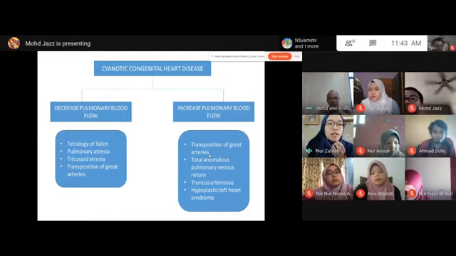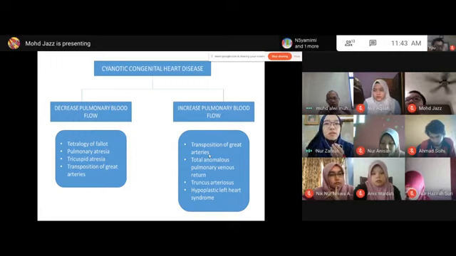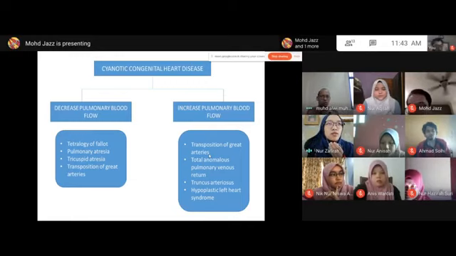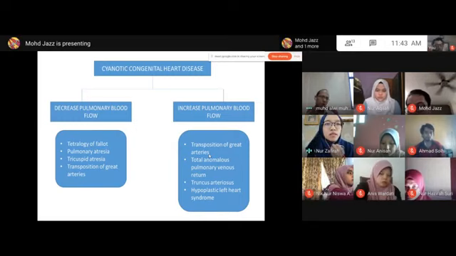The increased pulmonary blood flow examples are transposition of great arteries, total anomalous pulmonary venous return, truncus arteriosus, and hypoplastic left heart syndrome. Why is it called decreased pulmonary blood flow? Because the blood flow from the heart into the pulmonary circulation is decreased. However, the increased is vice versa.